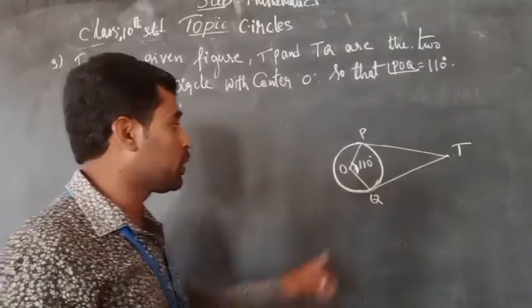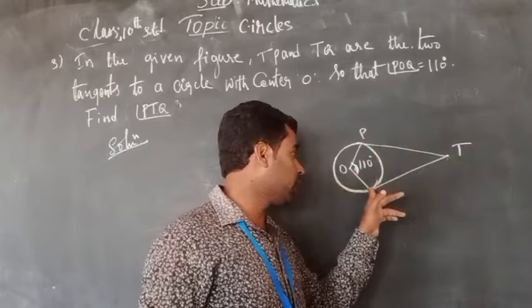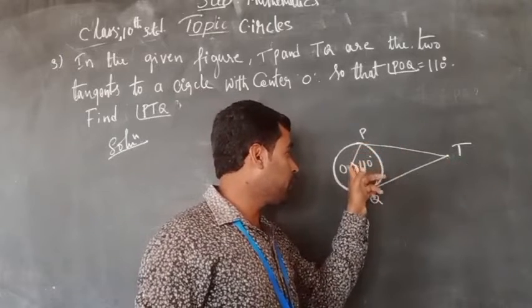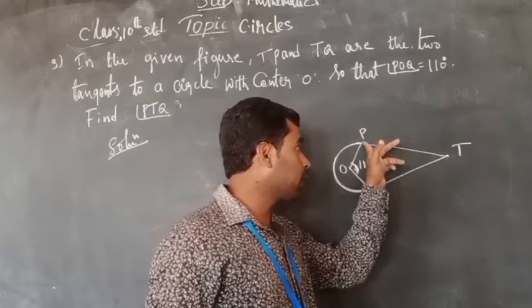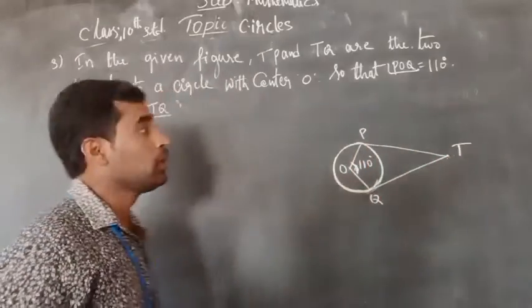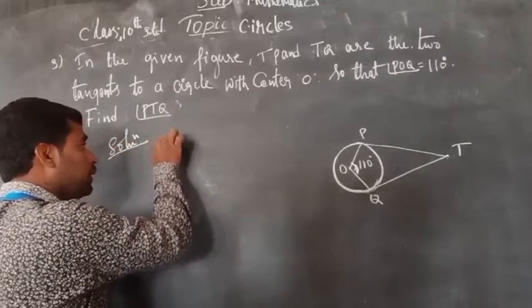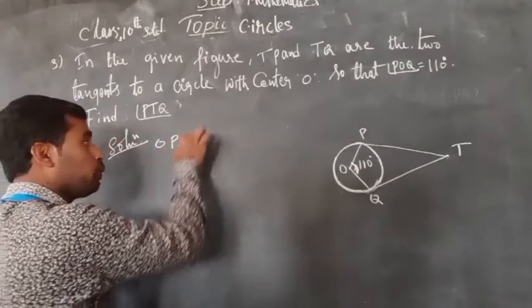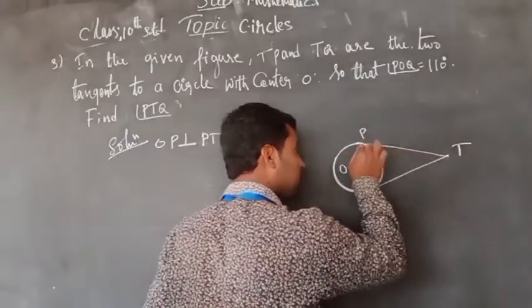I'll explain the question again. Here they have given PT and TQ are two tangents and angle POQ is 110 degrees. Now we want to calculate angle PTQ. Here we know that OP is perpendicular to PT, because the radius is perpendicular to the tangent.